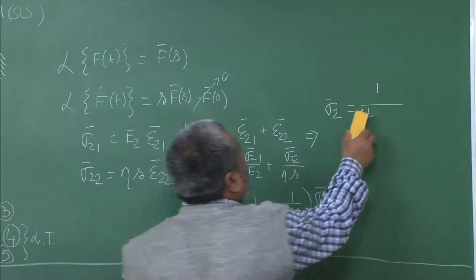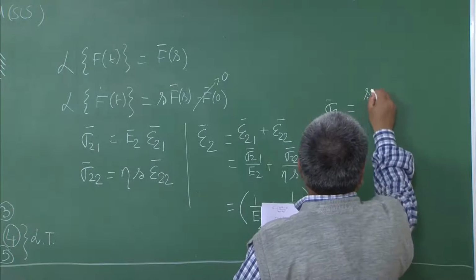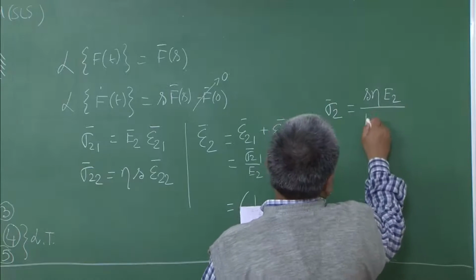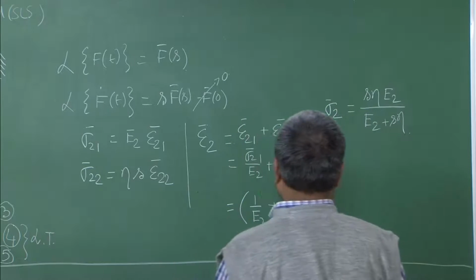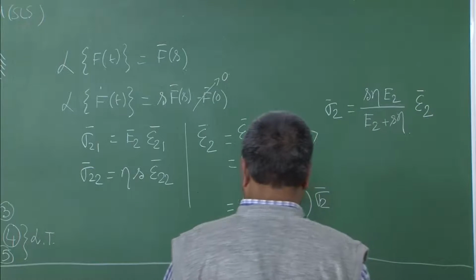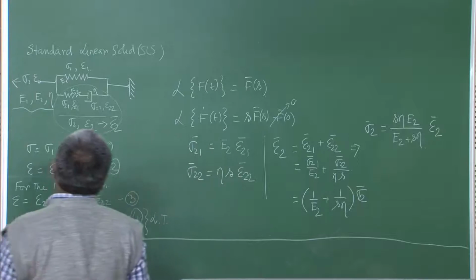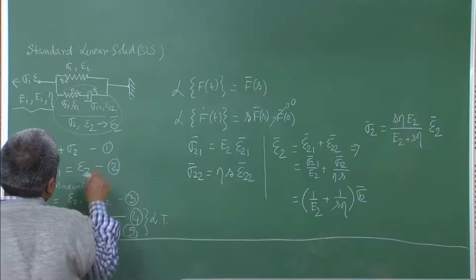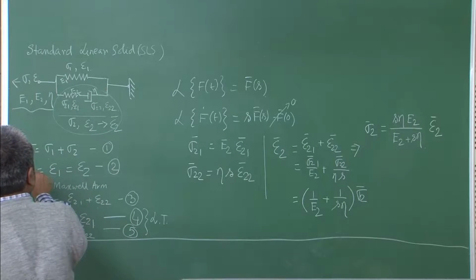We can simply take the reciprocal and write it as s eta E 2 over E 2 plus s eta times epsilon 2 bar. So, this is what is our first part of the thing. We can also see here that for this entire part epsilon 2 bar is epsilon 2 and epsilon 2 is epsilon 1 and that is epsilon.